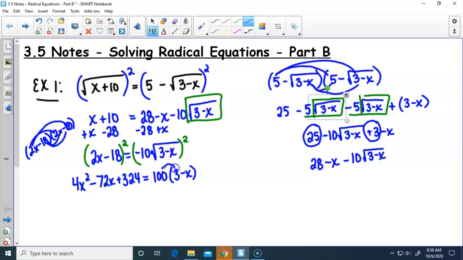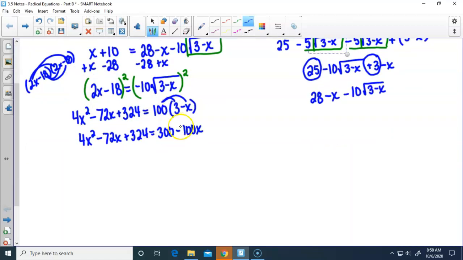So I'm going to distribute my 100 here, so 4x squared minus 72x plus 324 is going to equal 300 minus 100x. And so I'm going to continue on here by moving everything to one side, because when I have a quadratic, I want to move everything to one side.